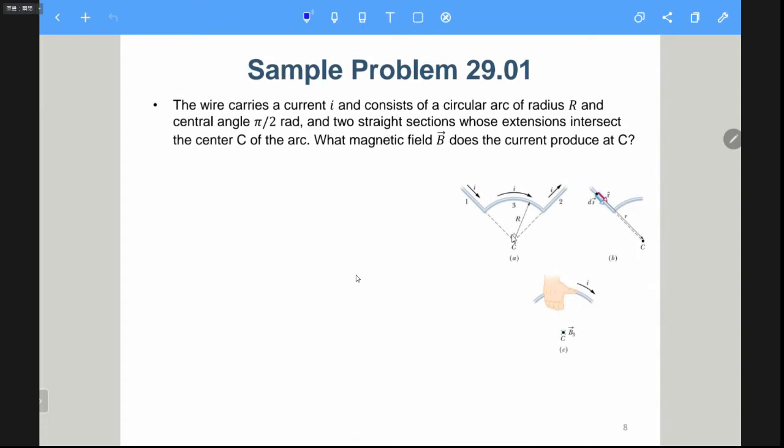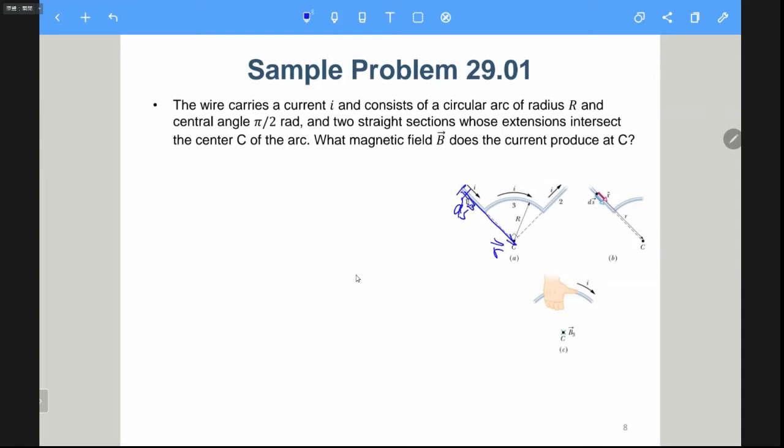So this angle is 90 degrees. Okay, so we can simply imagine that the magnetic field generated by part 1 and part 2 will be 0, because you can simply apply the Biot-Savart law for this segment, ds pointing this way, and then r is actually this one, which means that the angle between ds and r will be 0 degrees.